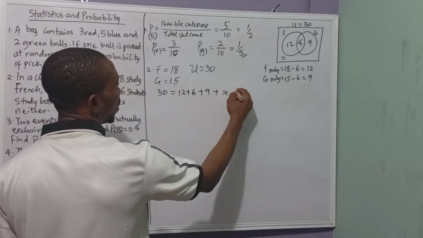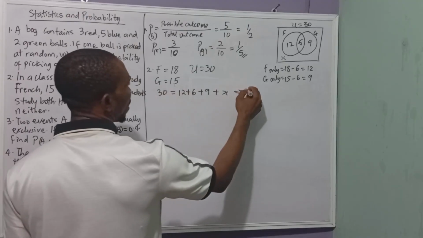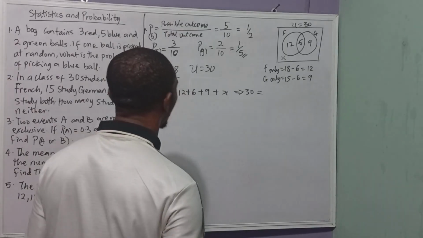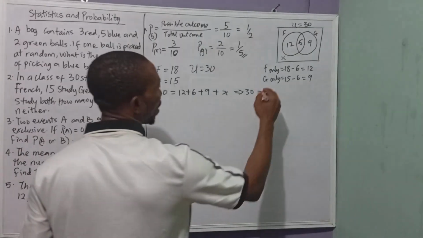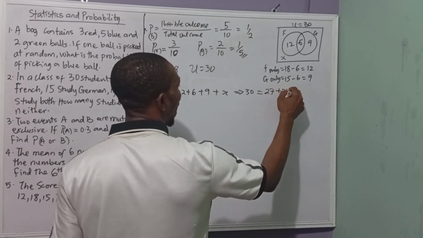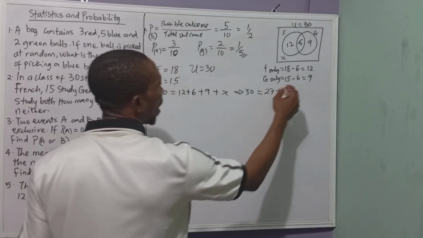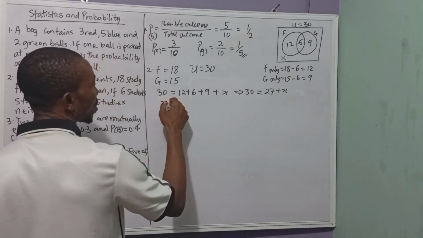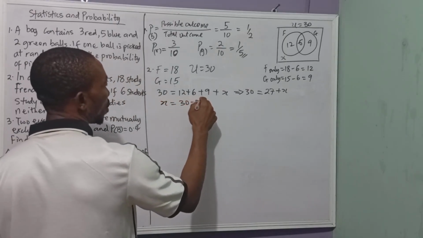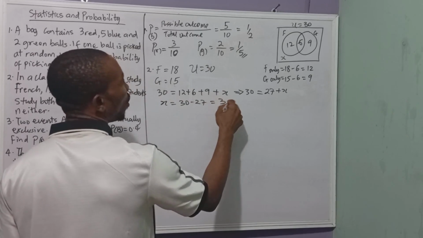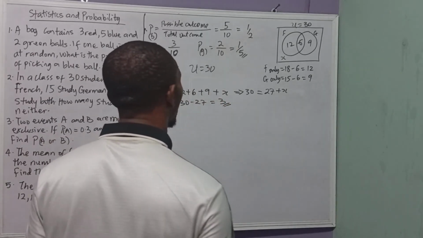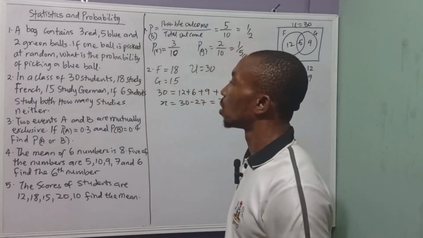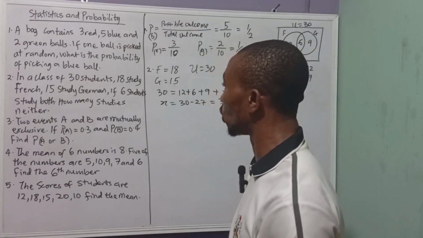So this gives us 30 equals 9 plus 12 is 21, plus 6 is 27, plus x. So now our x becomes 30 minus 27, which gives us 3. So 3 students study neither French nor German.